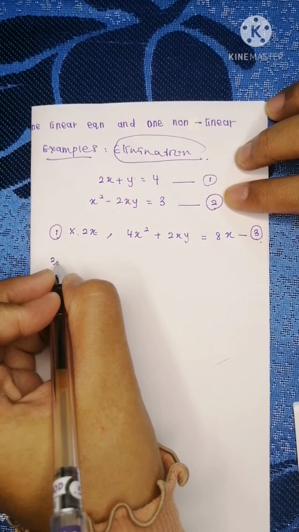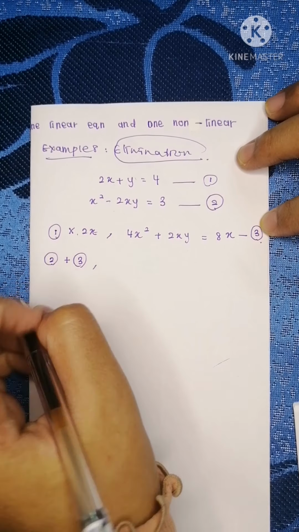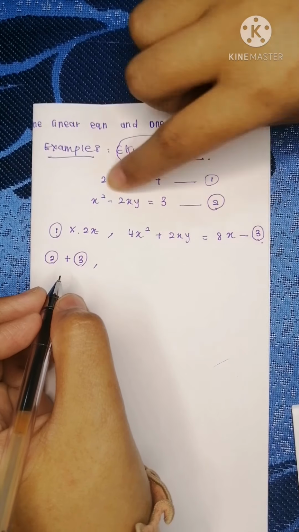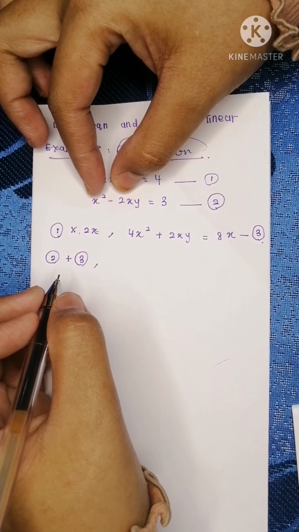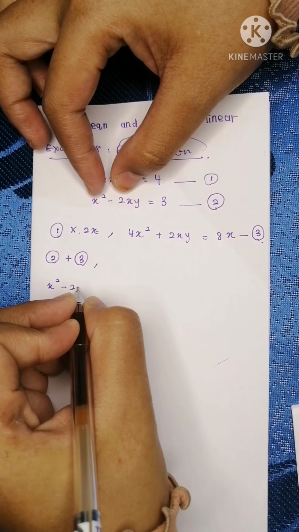We add equation 2 with equation 3, the new equation. Copy first the left side of equation 2, which is x squared minus 2xy.